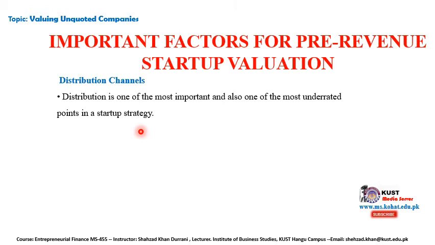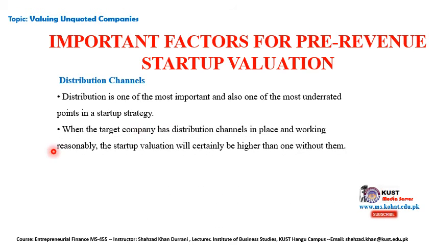If you have a good distribution channel, if you can connect, for example, the wholesaler, the retailer, and then the customers, and time management is also one of the most important factors, like delivering your products on time, it affects your business, right? So distribution channel is also one of the most important factors.